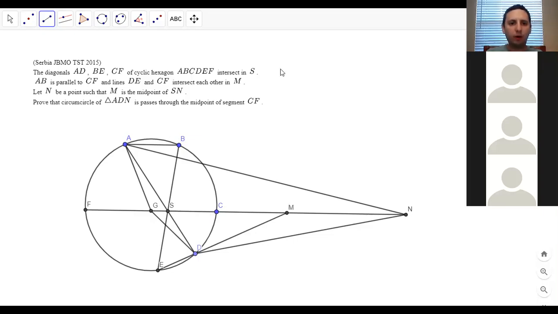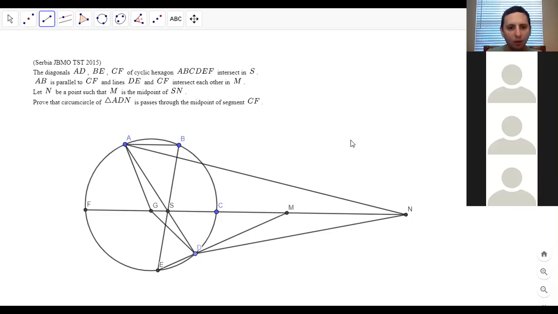So it suffices to show that F, C, S and N are in harmonic conjugation. We need to prove it. And because M is the midpoint of SN, we just need to prove that MS squared is MC times MF, which is equal to MD times ME.